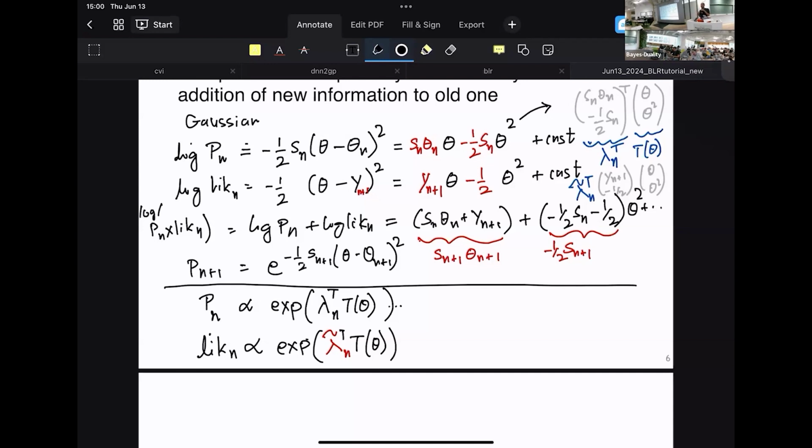And it's very convenient because natural gradients are also written with tildes on top. So I was very happy when I found this same notation being used in two different communities for very different reasons. But with this, you know that p n plus 1 is now simply the exponential of lambda n plus lambda tilde n, transposed, times T of theta.